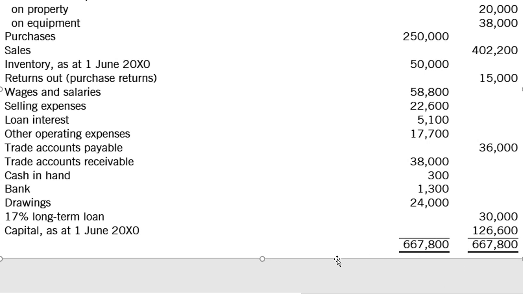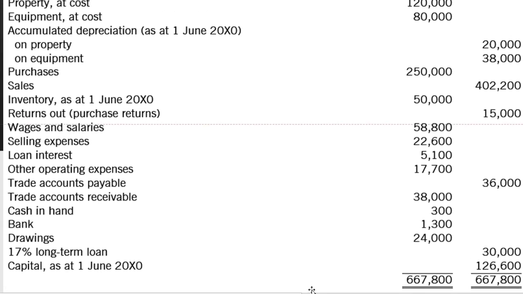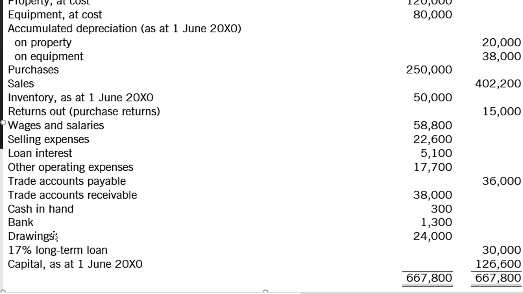Then we have bank, 17% long-term loan, and then lastly we have capital. Both sides are balancing.